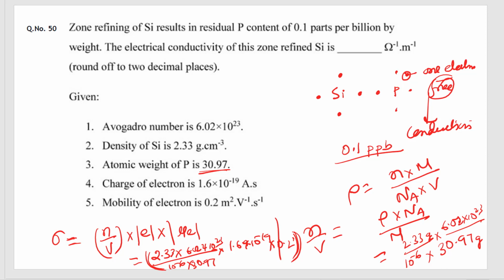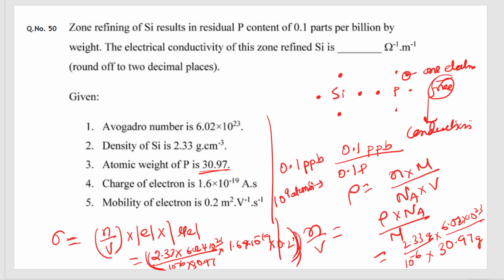This is for the total number of atoms, but here we have 0.1 ppb of atoms. That means for 10 power 9 atoms of silicon we have 0.1 phosphorus.